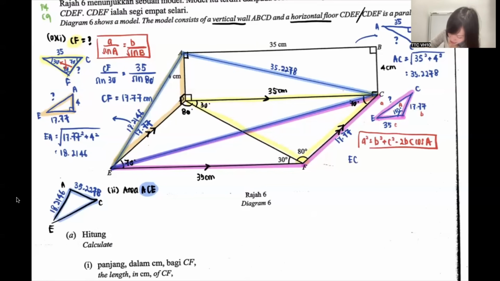So now you're going to find EC squared. So one side 35, another side 17.77, minus 2 times 35 times 17.77 times the middle angle, cos 110 degree. So now, press calculator, get the answer. 35 squared plus 17.77 squared minus 2 times 35 times 17.77 times cos 110.